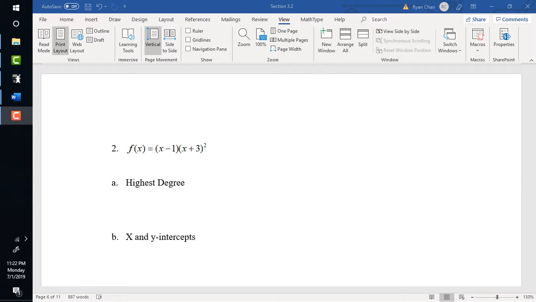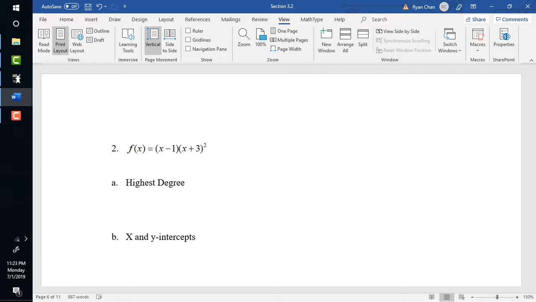We're going to continue on with section 3.2. Now remember, back in our prior video, we talked about different characteristics of polynomials and how to graph them. So let's talk about the following.